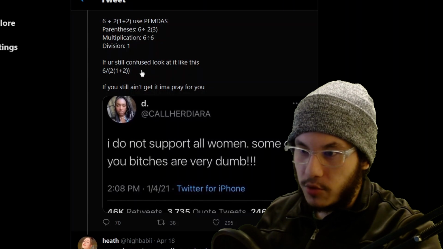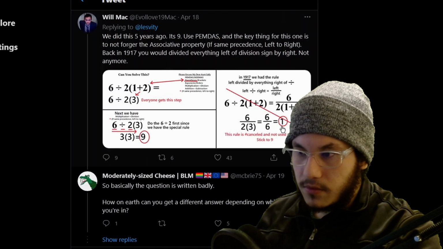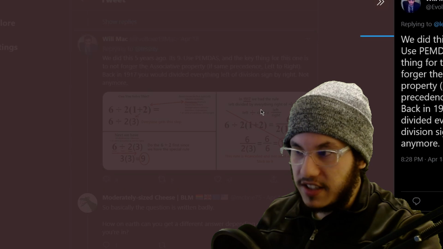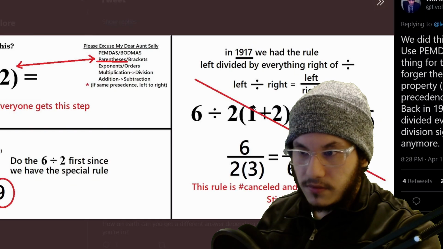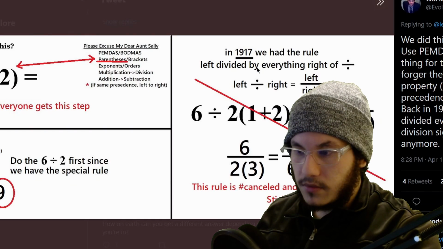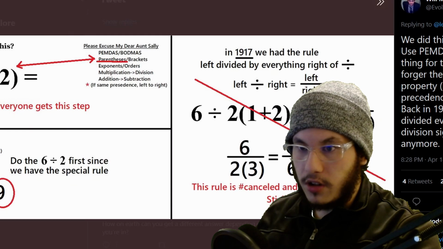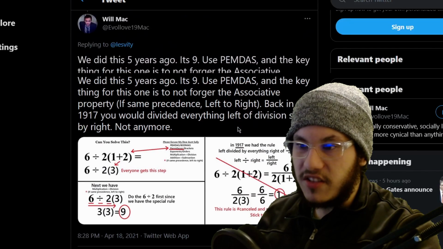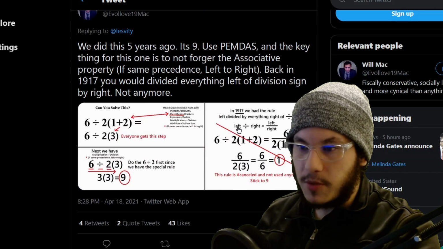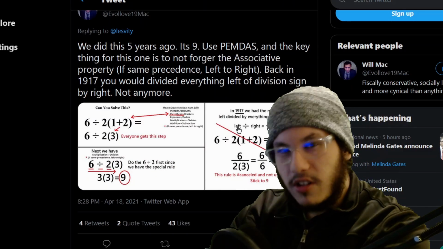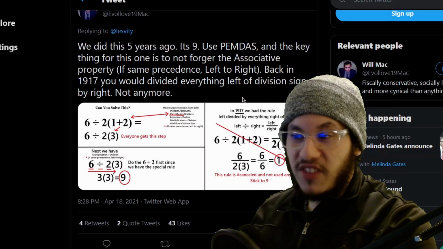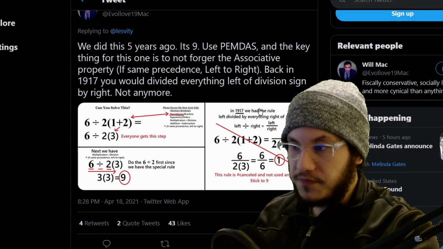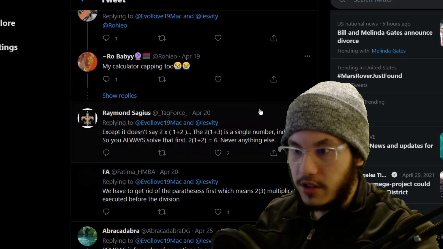See, you just added parentheses. You didn't know this. Okay, cool. 1917. I didn't know this because clearly it's wrong. What the fuck? It does kind of explain the point that math is technically just convention, I guess, but don't use that as an excuse to be dumb.